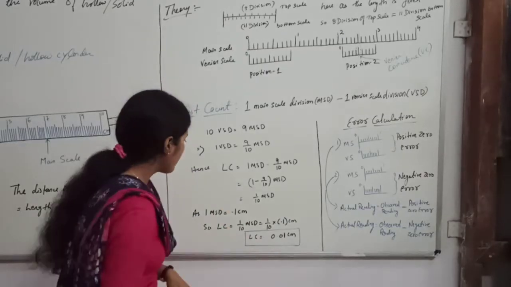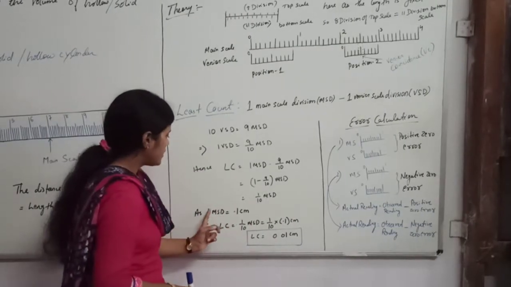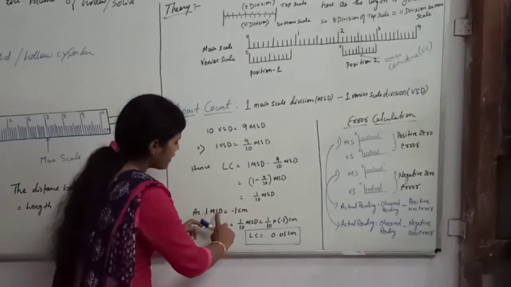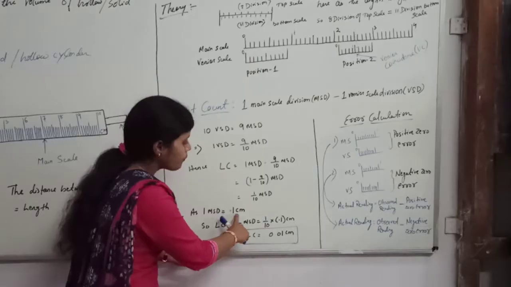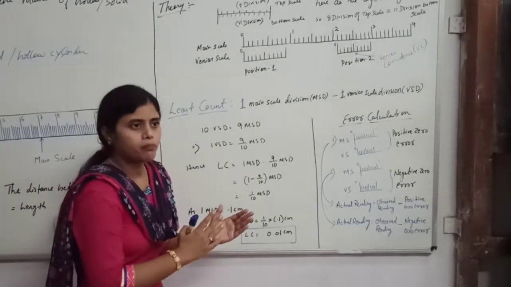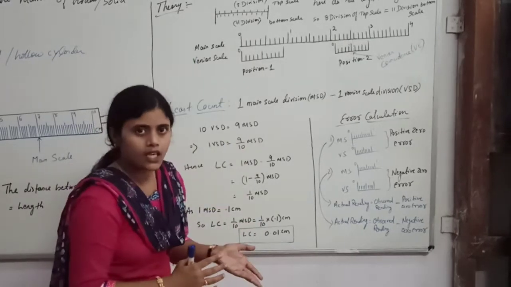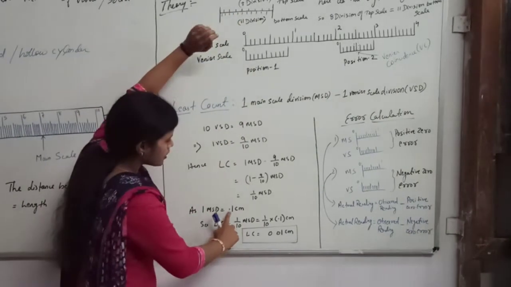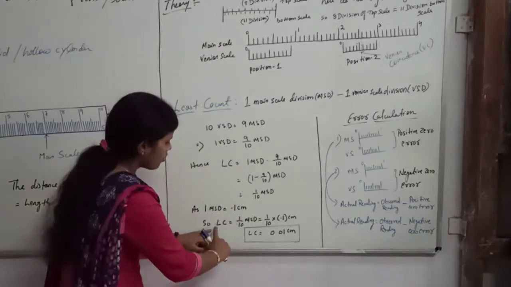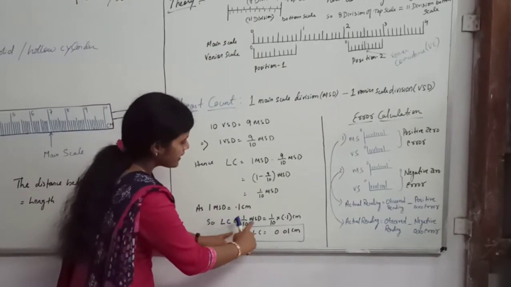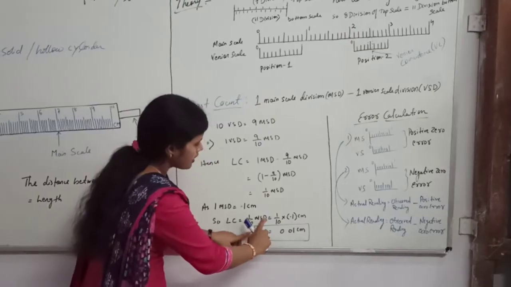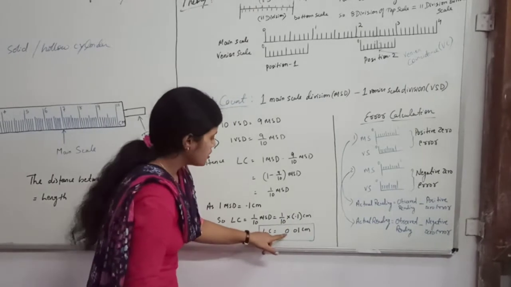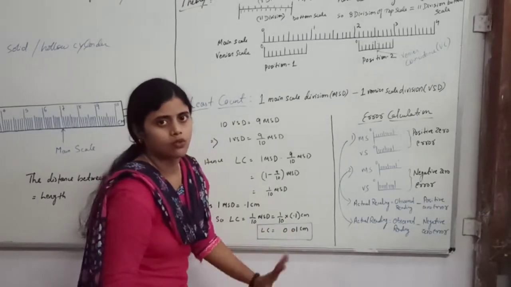So I will multiply this 0.1 centimeter with this 1/10. So least count is equal to 1/10 MSD. In place of 1 MSD, I will write 1/10 into 0.1 centimeter, and the final answer will be 0.01 centimeter. This is the least count.